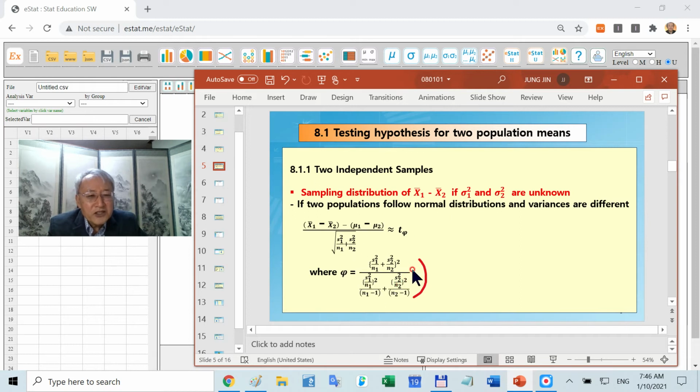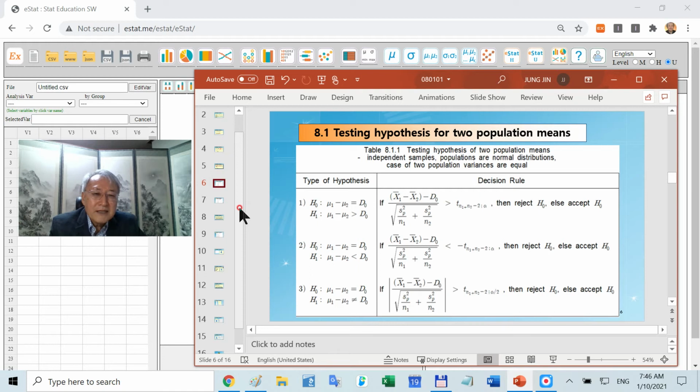Except for this degree of freedom, it is very similar, but here you are using each sample's variances. Depending on whether you can assume the population variances are the same or not, we use slightly different formulas.